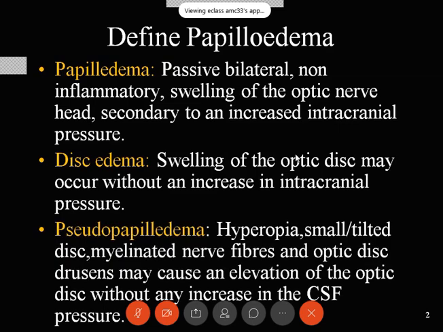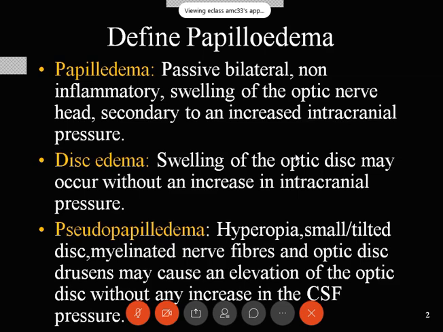Pseudopapilledema. In some conditions, such as hyperopia, small tilted discs, myelinated nerve fibers, and optic disc drusen, there may be elevation of the optic disc without any increase in CSF pressure. This is pseudopapilledema. It is not papilledema.